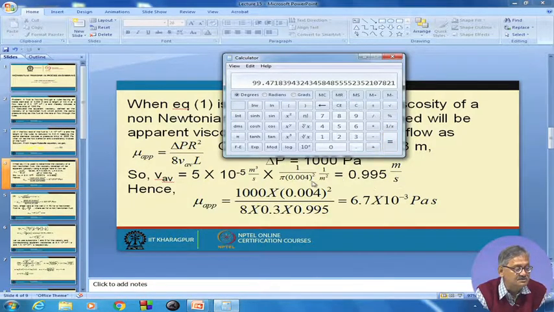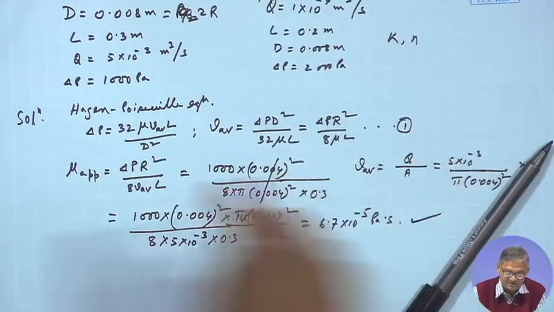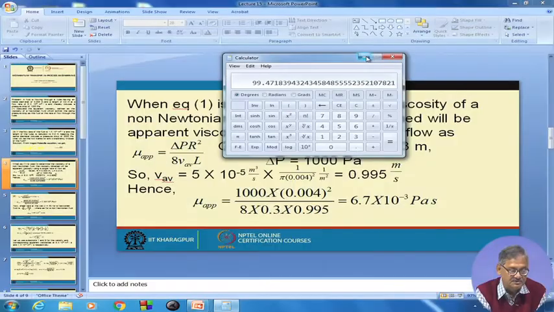So that was something wrong which was done here. It's not pi. So there it comes. It is correct. Okay. So mu apparent is so much.